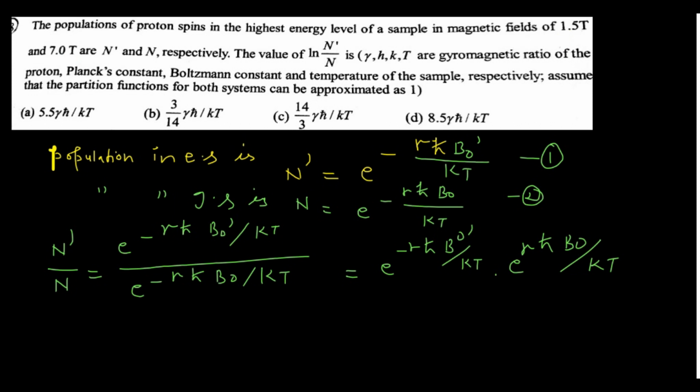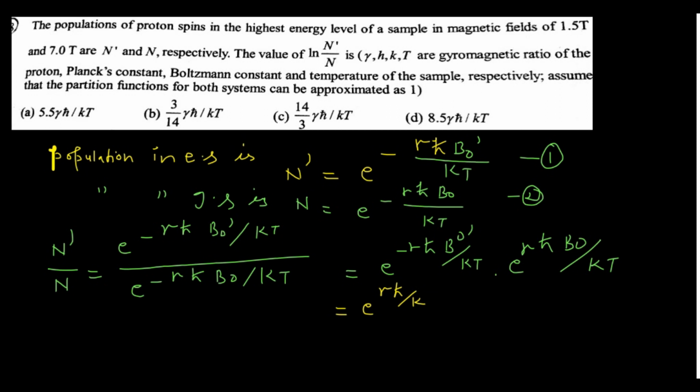So if you solve this, don't forget the log values, or how to apply the log rules. So this will give you e to the power of gamma H cross by kT. So let me write it in a little better manner.